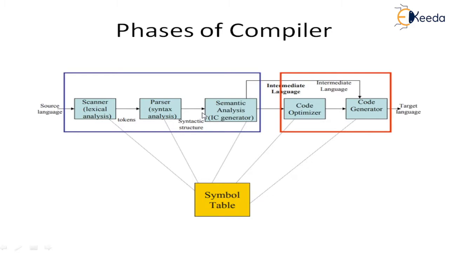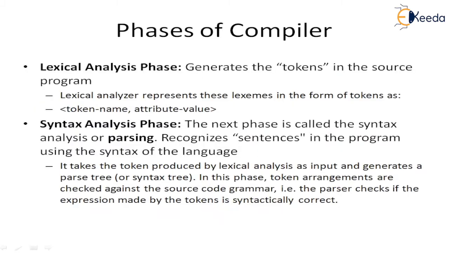Then the semantic analysis uses the intermediate code generator for generating the intermediate language code. Then that intermediate language code is given to the code optimizer for generating optimized intermediate language code, and then that code is given to the code generator to generate the final target language code. All these phases use the symbol table. So this is another representation of the phases of a compiler.